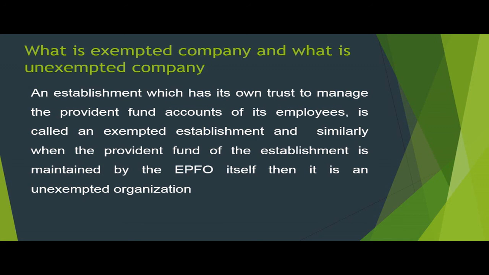Similarly, when the provident fund of the establishment is maintained directly by the EPFO, then such establishments are called unexempted establishments. There are many big companies who prefer to manage their own funds through a trust, because this gives them the feasibility of investing and enhancing the contribution, and the employee receives more funds than if he puts it in the EPFO.